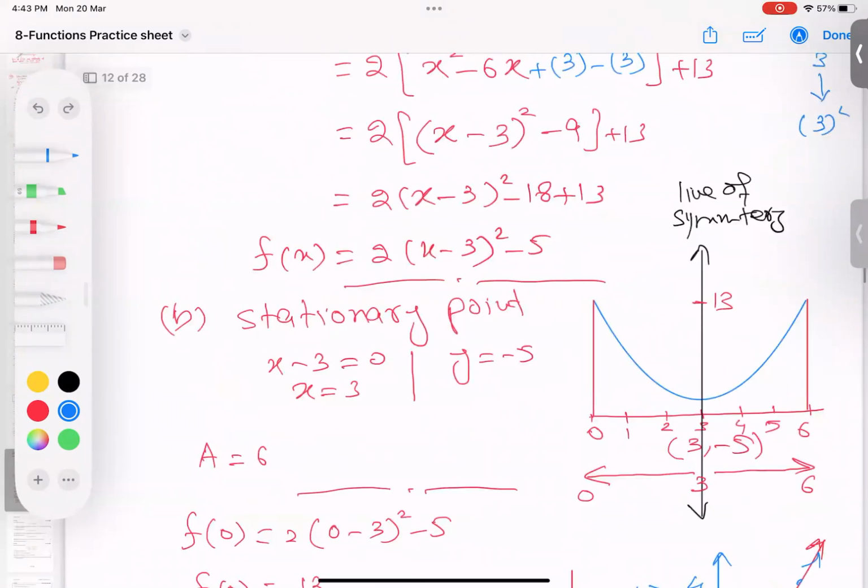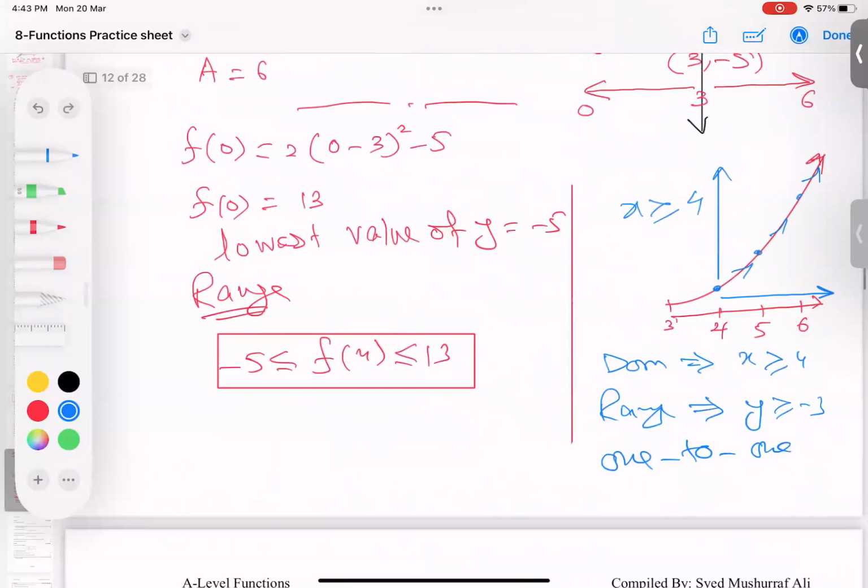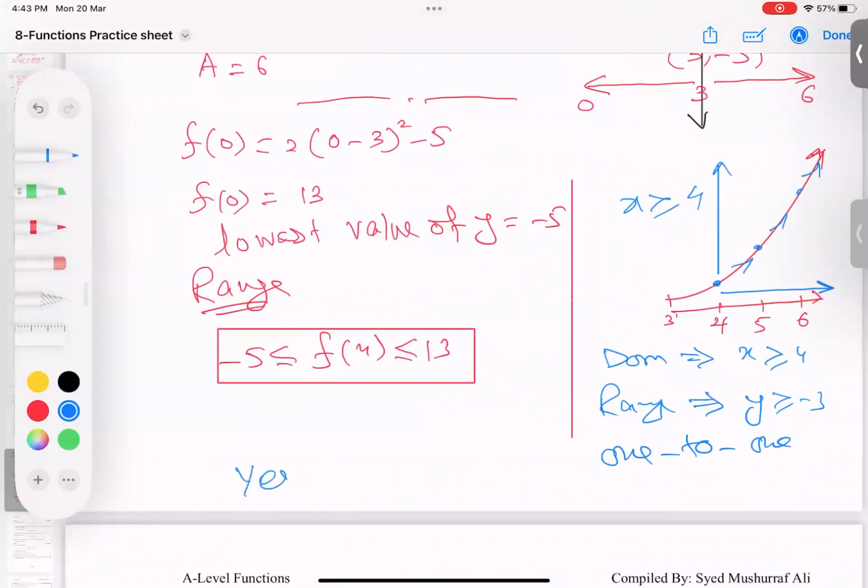And what was the question? He said, explain whether g has an inverse or not for this domain. What is the answer for this? Yes, as the domain is x bigger than 4 and f of x is a one-to-one function, the inverse exists.